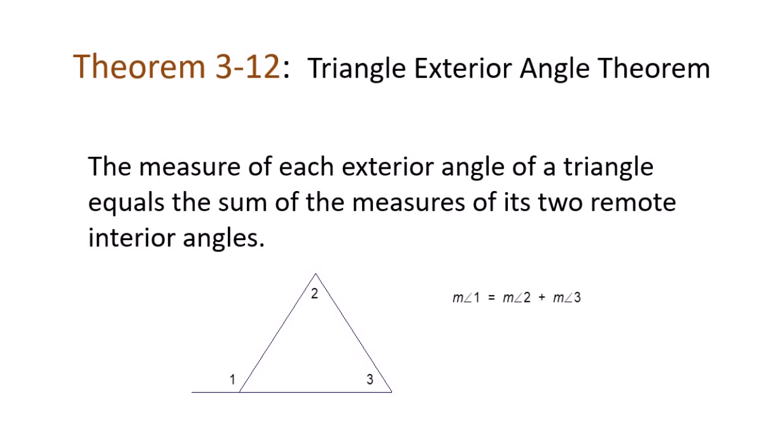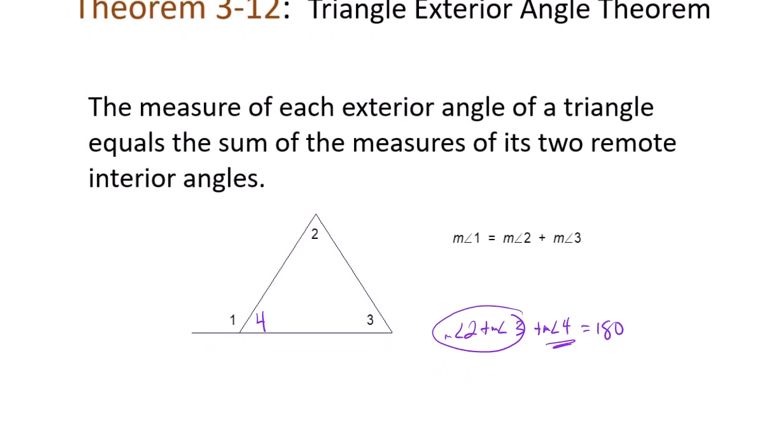And that makes sense, right? Because what do we know? Let's call this angle 4. We know that angle 2 plus angle 3 plus angle 4, let me put the measures there just to be official, equals 180, right? So if I know that 2 plus 3 plus 4 equals 180, and I know that angle 1 plus 4 equals 180, because those are a linear pair, right?